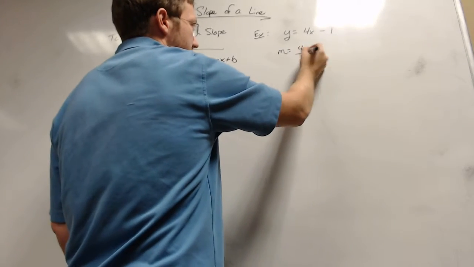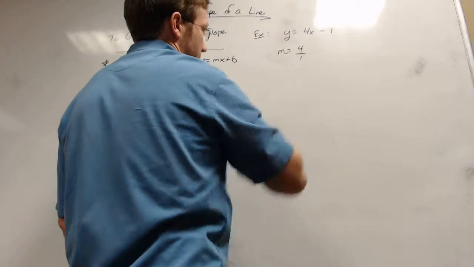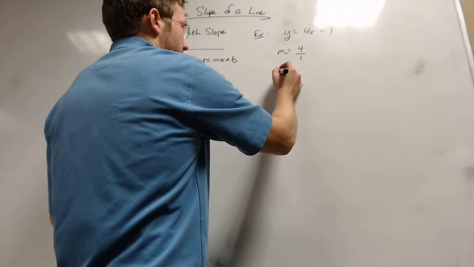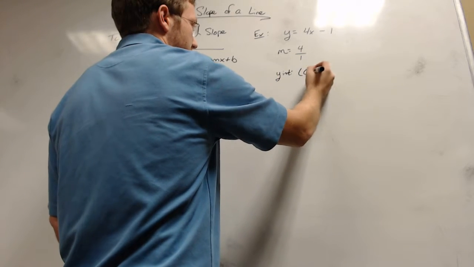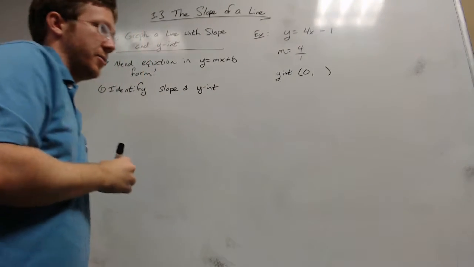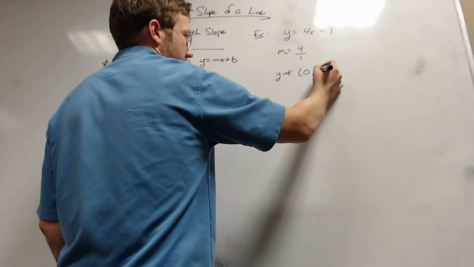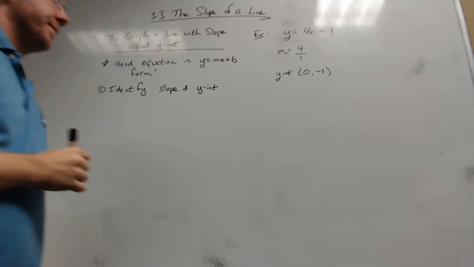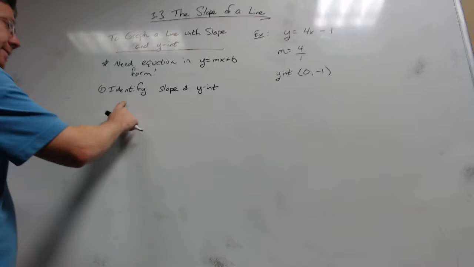I'm going to write it as a fraction though, because we're going to want to graph it, so I'm going to think of it as a rise and a run, 4 over 1. And the y-intercept is a point that will always start with an x-coordinate of 0, and it's our trailing constant, which happens to be -1. So, slope of 4, y-intercept of -1. So we identified them.